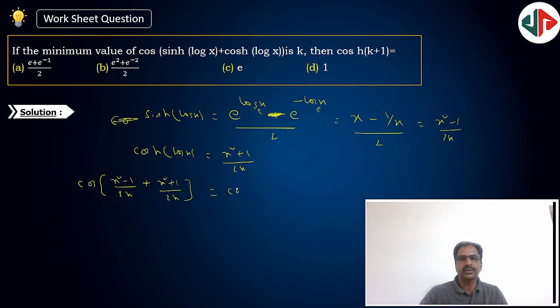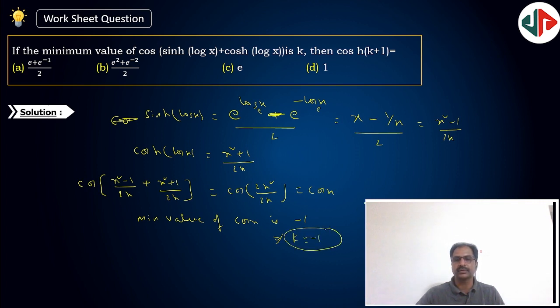That is equal to cos of, after taking LCM, 1 gets cancelled, you get 2x square by 2x, which is cos x. And we know that the minimum value of cos x is minus 1. So k is given as minus 1 because the minimum value is given as k. So k is equal to minus 1.